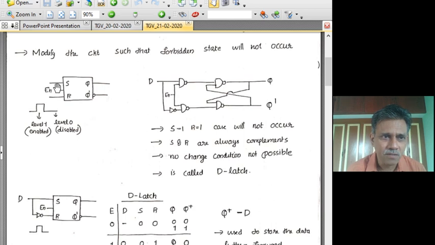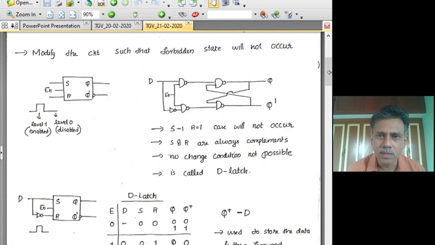What we have done is, S and R are being complemented and given from the D input. So we can have this representation for the D latch, where this entire circuit is abstracted using this SR latch block diagram.